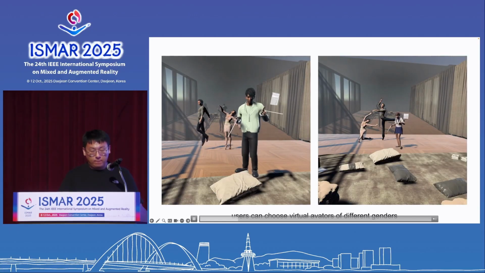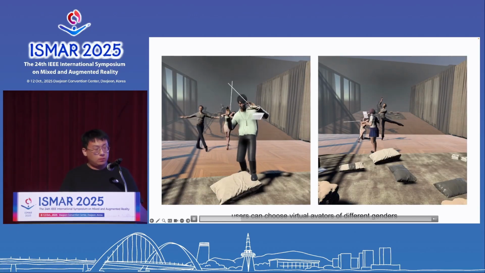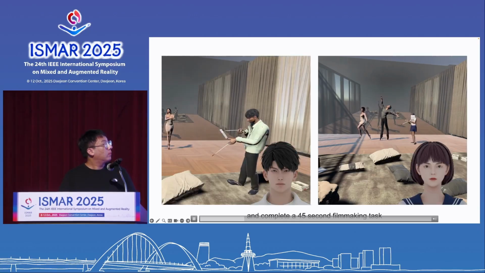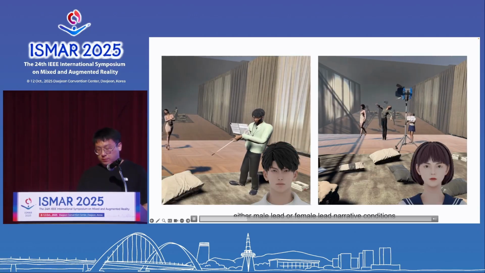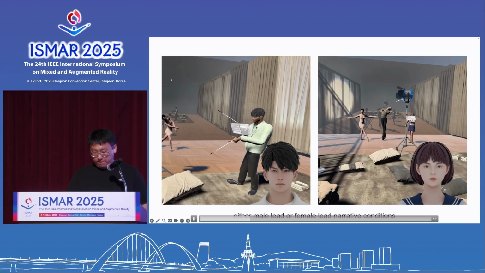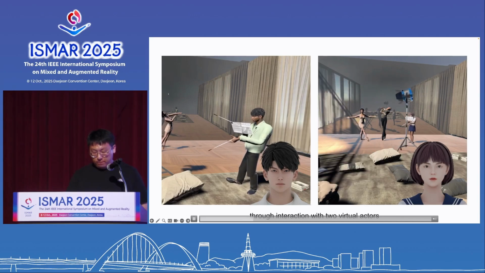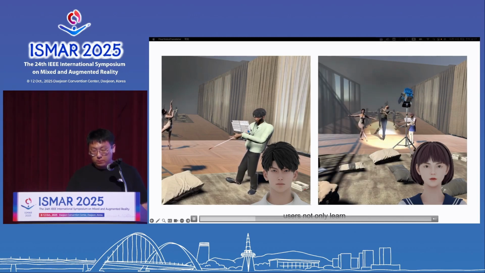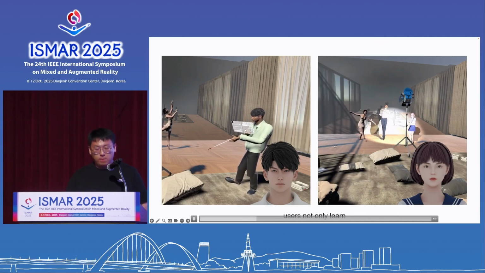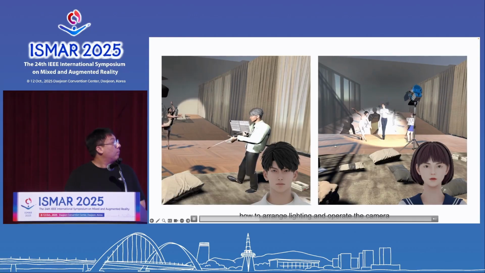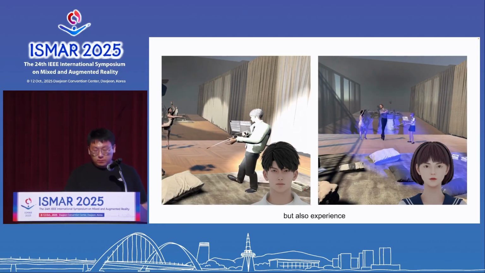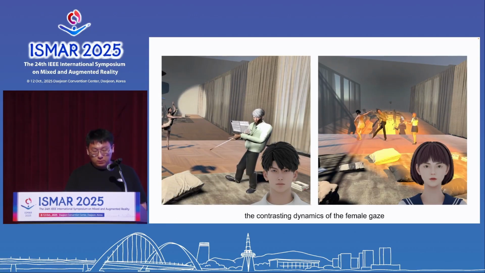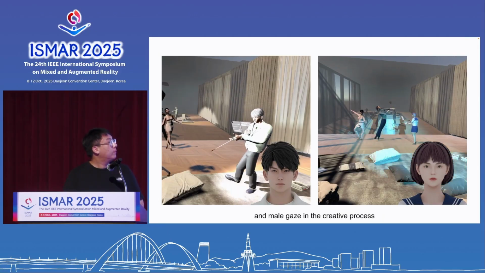Users can choose virtual avatars of different genders and complete a 45-second filmmaking task under either male-led or female-led narrative conditions. Through interaction with 2 virtual actors, users not only learn how to arrange lighting and operate the camera, but also experience the contrasting dynamics of the female gaze and male gaze in the creative process.